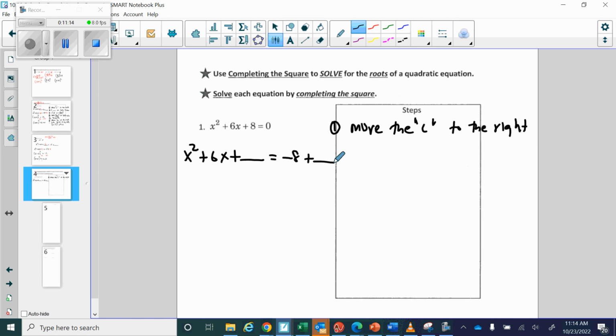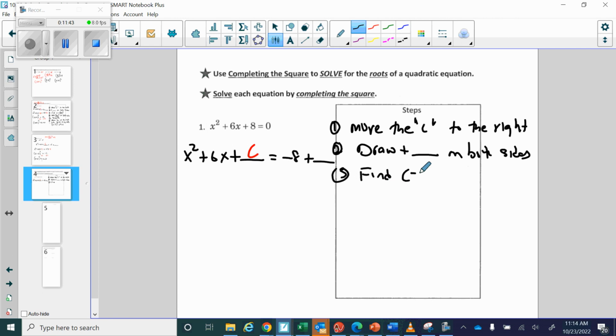Step number 2 was draw the blank space. I did that. So write the plus blank space on both sides. Step number 3 now, I'm going to find my new C value.